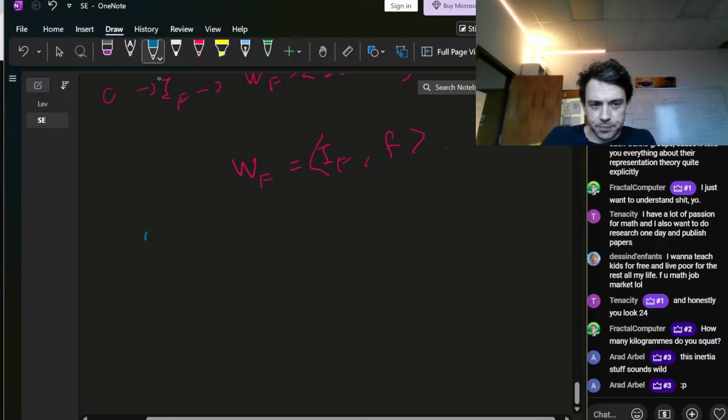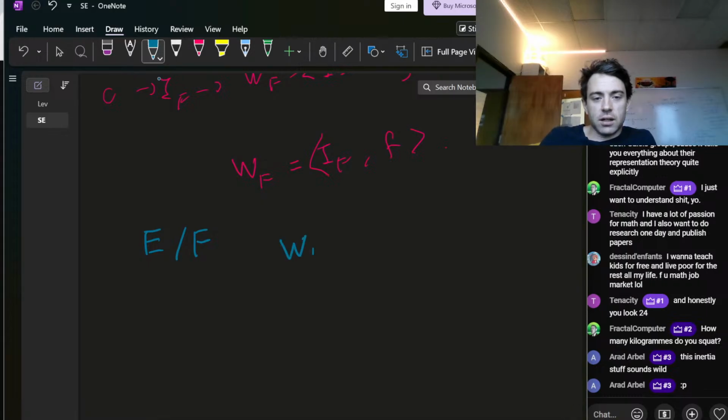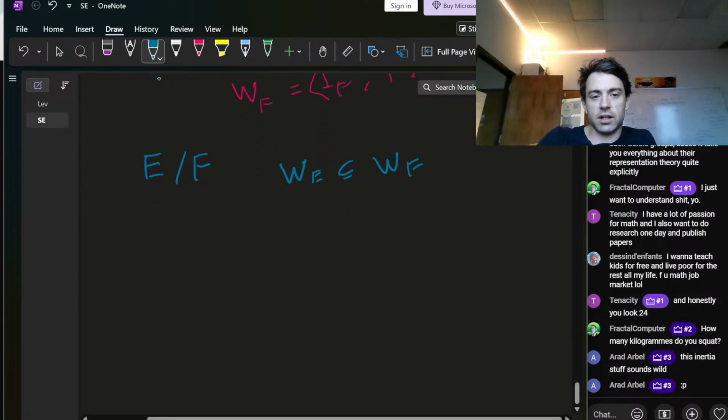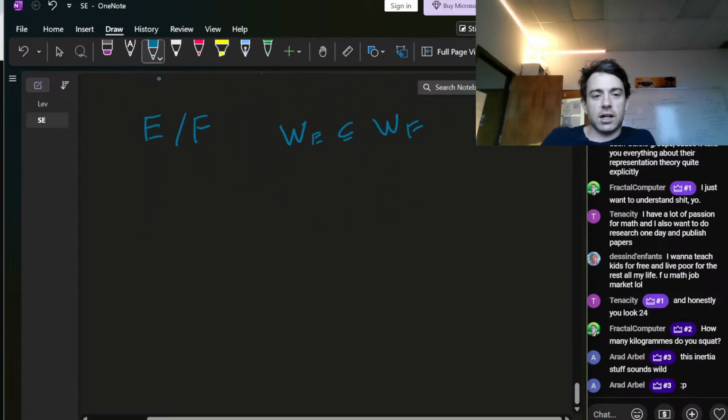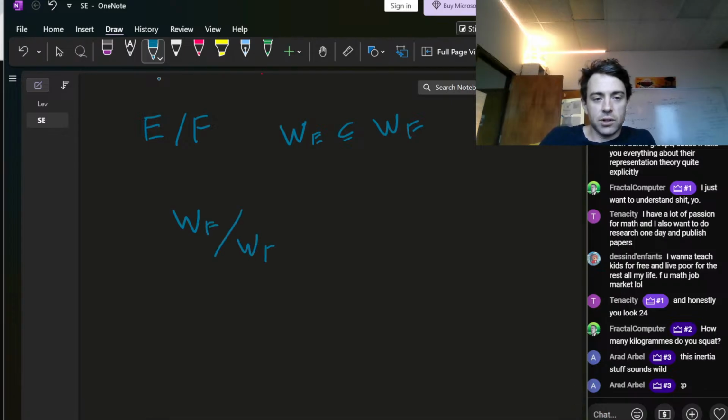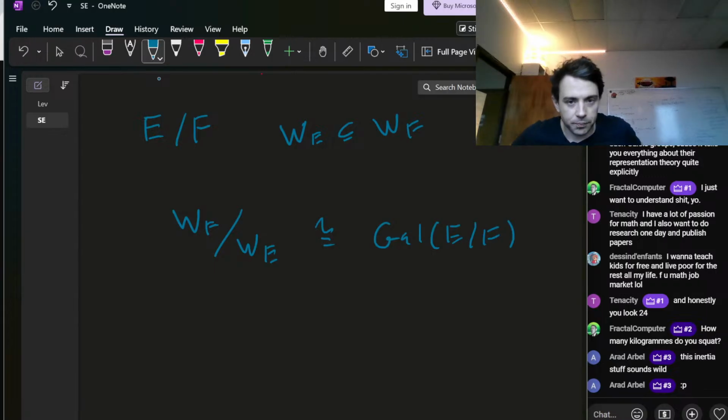If we have some finite extension of p-adic fields, then the Weil group of E is contained in the Weil group of F, and in fact we have an isomorphism from the quotient to the Galois group of E over F. So, yeah, this is step one, I guess.